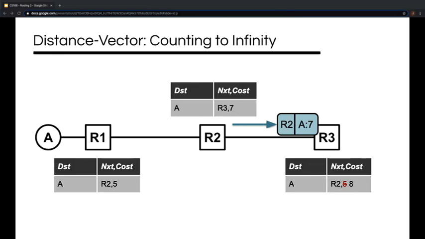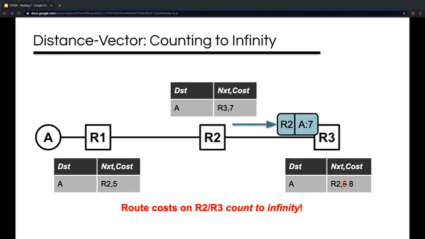But even simpler than that, pick some maximum value, and when you reach that, just stop. So RIP, when it gets to 16, it's like, all right, 16, it's unreachable.